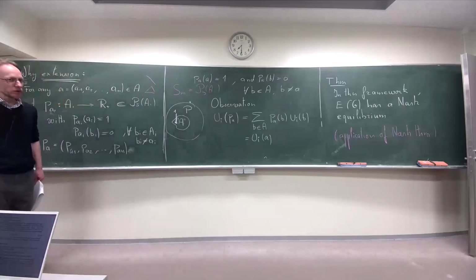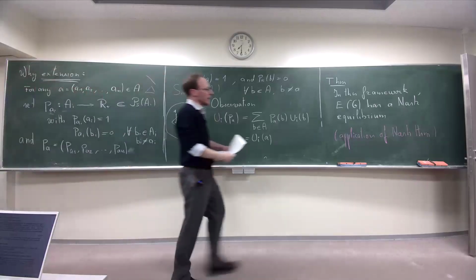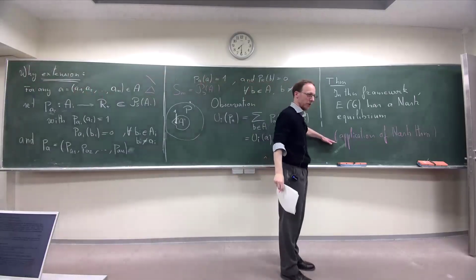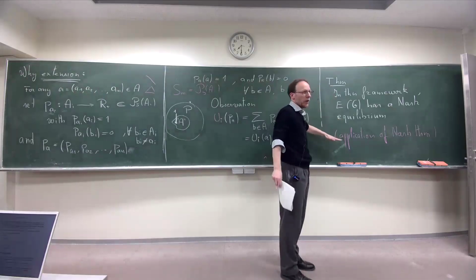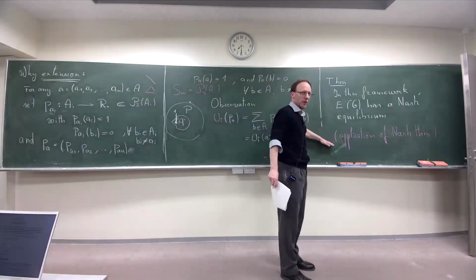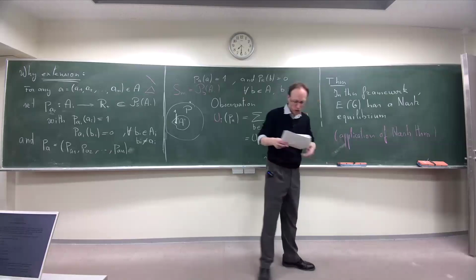They are closed. So you can really check the assumptions of Nash theorem. We are exactly in the framework of Nash theorem. So in fact, it's an exercise to prove this statement, which is not difficult. You just check that now you are in the setting of Nash theorem. Not more than this.